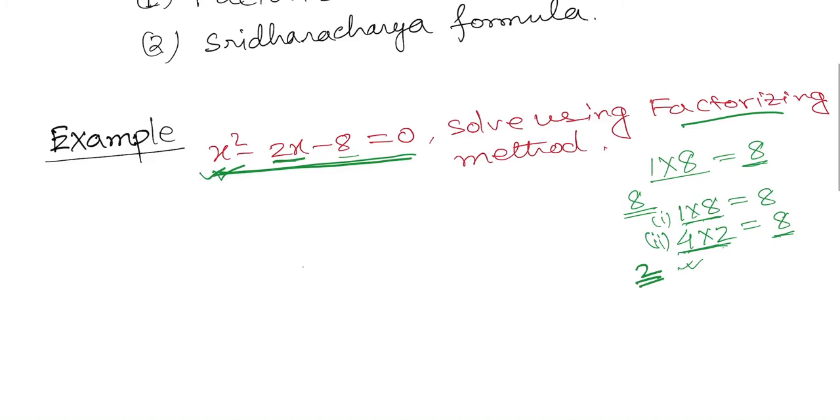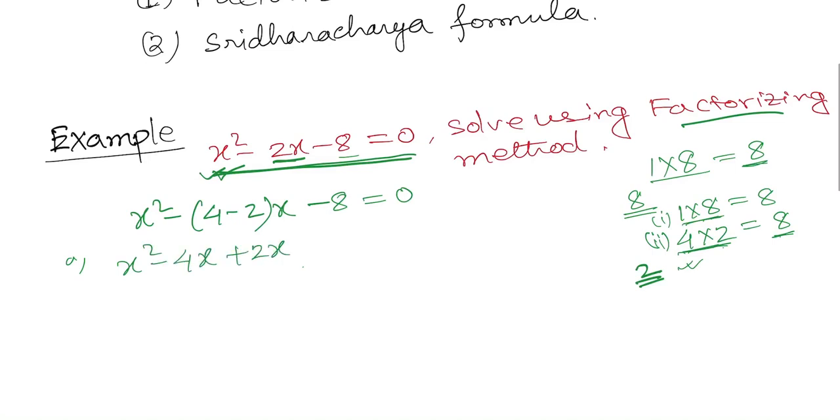So now x square minus 4 minus 2 into x minus 8 equals 0, or x square minus 4 into x plus 2 into x minus 8 equals 0. Here you see there are two terms, and in both terms x is common.